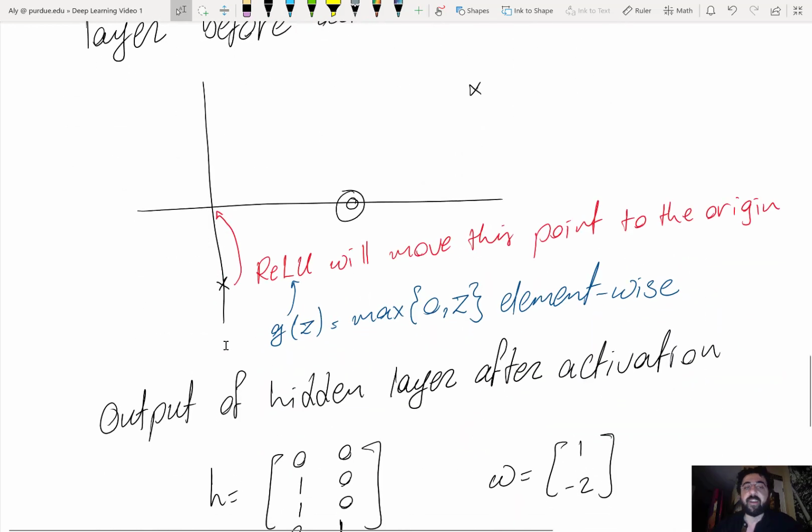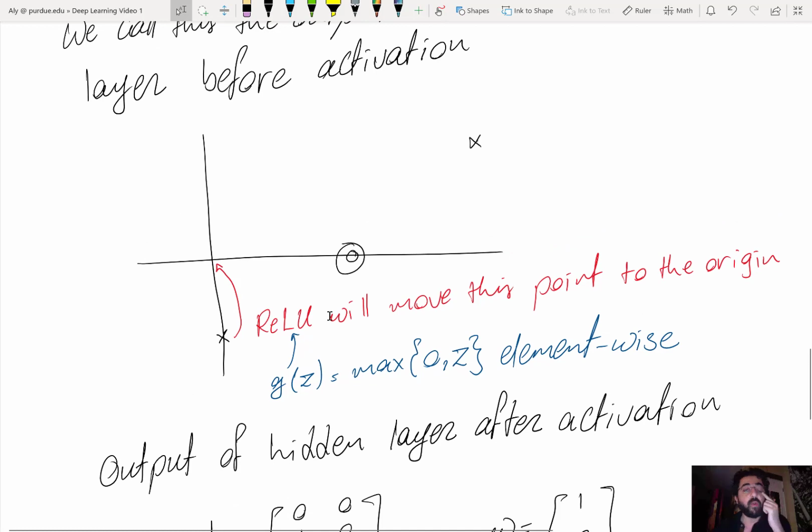Here again, I cannot distinguish between these points through a linear decision boundary. Actually, all the points lie on a single line. One way of doing this is if I use the ReLU activation. ReLU is basically an element by element maximizer of the value of the feature and 0.